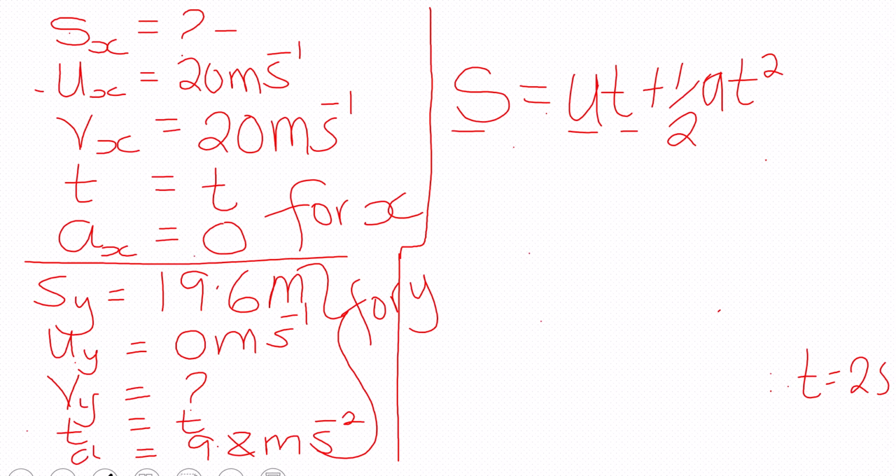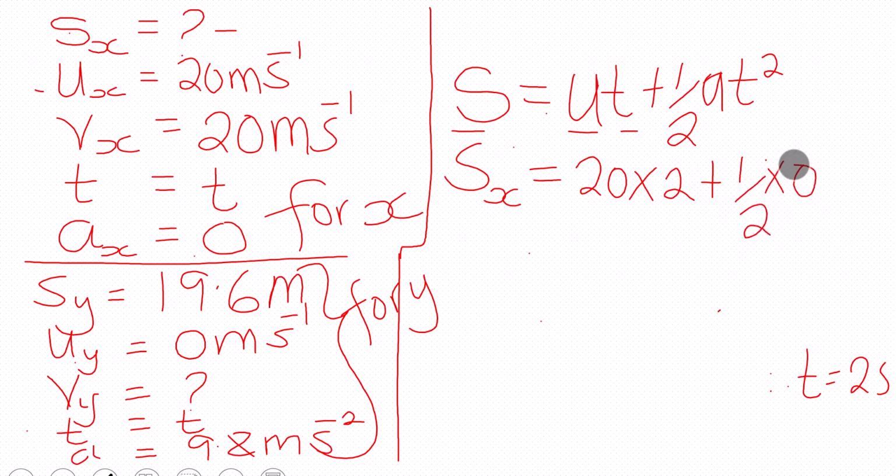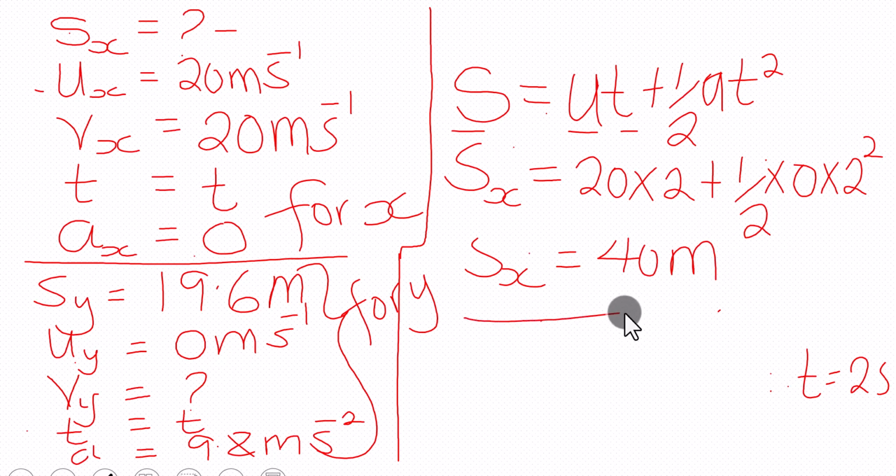If we substitute in here, we shall get Sx equal to u, which is 20, times time, which is 2, plus a half times 0 times 2 squared. This will give us Sx equaling 40 meters. This is the horizontal displacement as it was asked in the question.